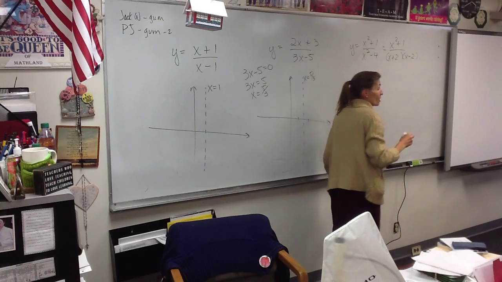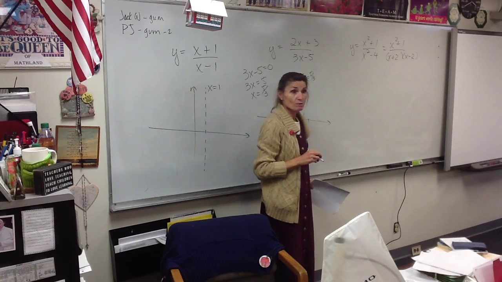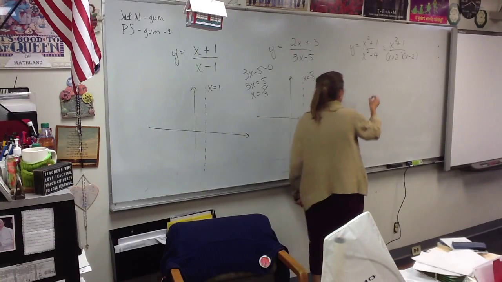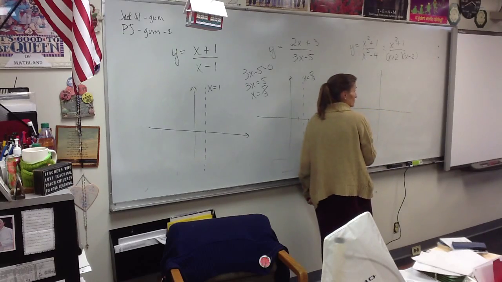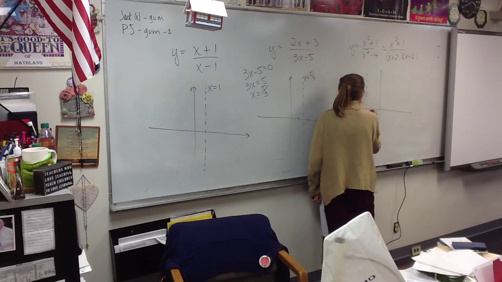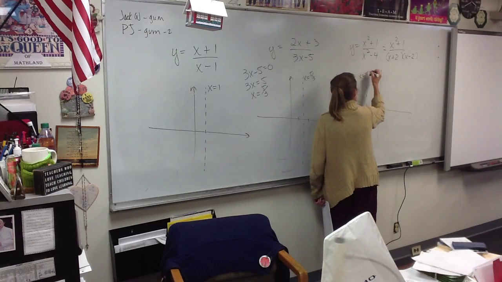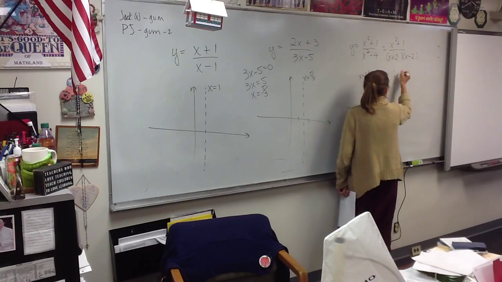Very good. You need to know that. If you have forgotten, you need to know that's how you factor the difference of squares. So there are 2 numbers that are going to make the denominator 0. What are they? Negative 2, x equals negative 2, and x equals positive 2.